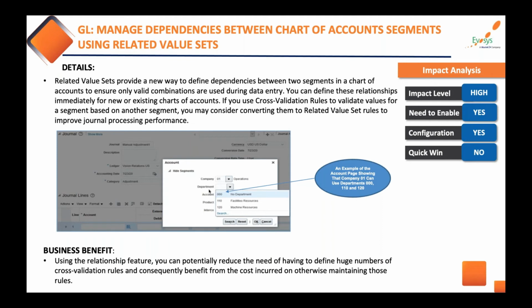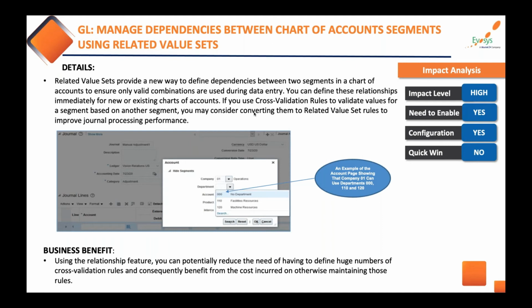Similarly, if someone selects a department called facility operations, they will be able to see only limited accounts within that particular department. So now you can set up a relationship between these segments and between the values internally, which would save you from maintaining heavy cross-validation rules, and it is going to change the way people are doing data entry.